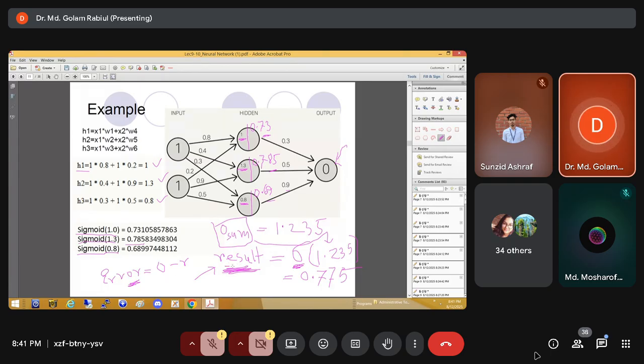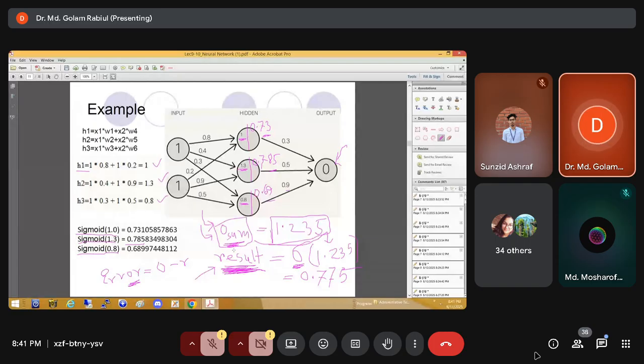But how will the result be changed? If the output sum is changed, then the result will also be changed. So if this value changes, the result also changes.